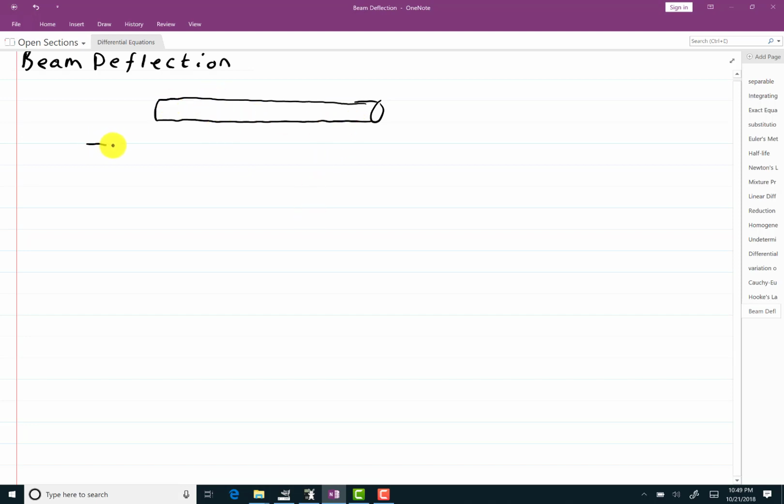And here's a few of the ways that they'll be supported. One, you might have it in one side embedded in a wall, and perhaps the other side is embedded as well. That's a possibility. So this is embedded at the ends.